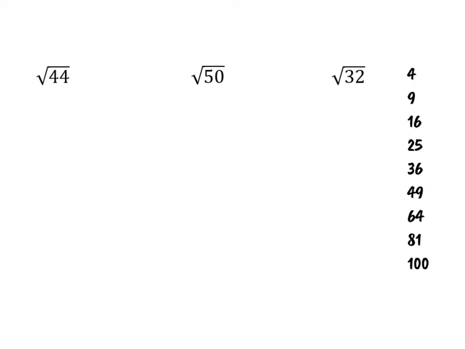Now we're going to look at some numbers that don't fall in the list of perfect squares, but that I could break down, because part of it might. So I'm going to take this first example, square root of 44, and I'm going to think, okay, I look over here at my list of perfect squares and try to decide which one of these numbers goes into 44. It can multiply into 44, and 4 would.